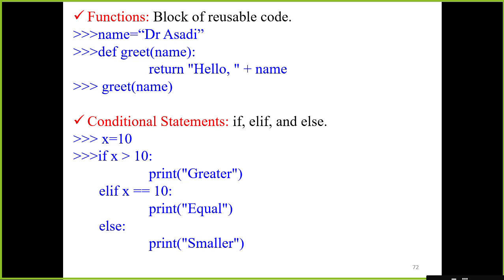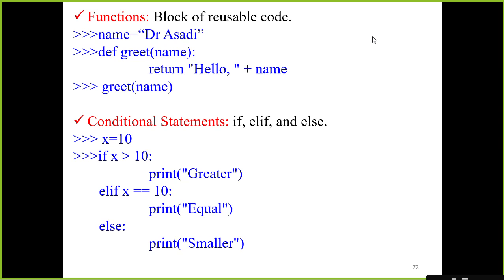If you declare my function named greet, def greet of name colon, then you need to enter one tab space, return hello plus name. Name is Dr. Asadi. Then you call greet name, and it will print Hello Dr. Asadi. That is the output we are expecting.